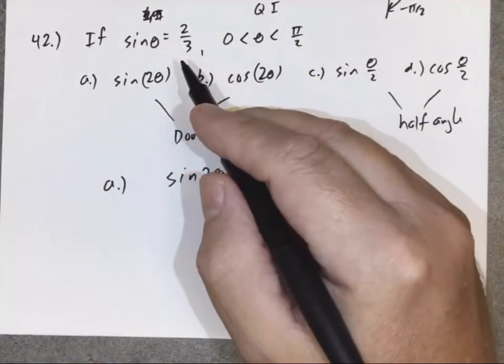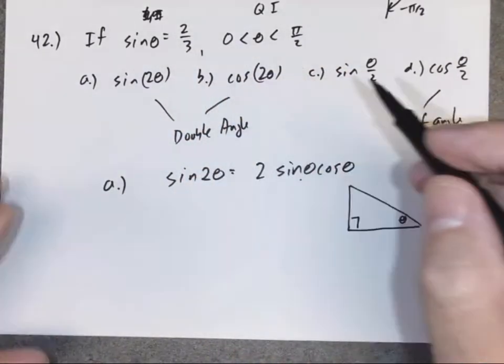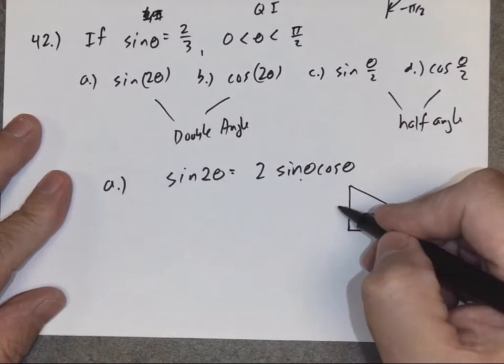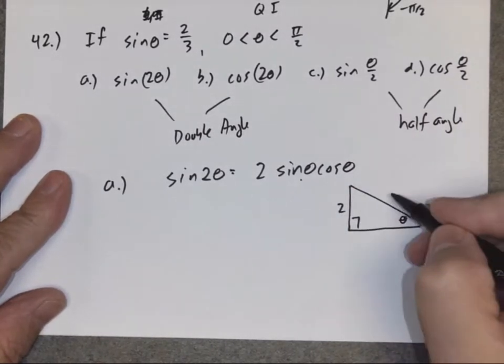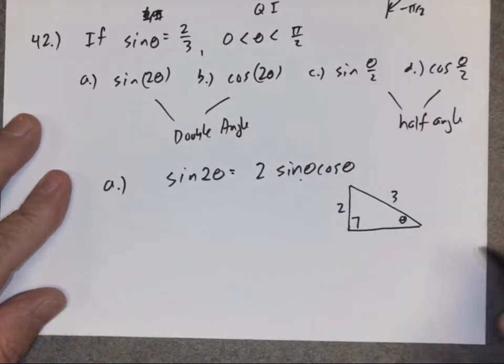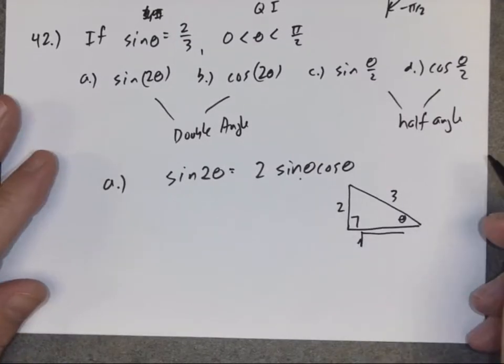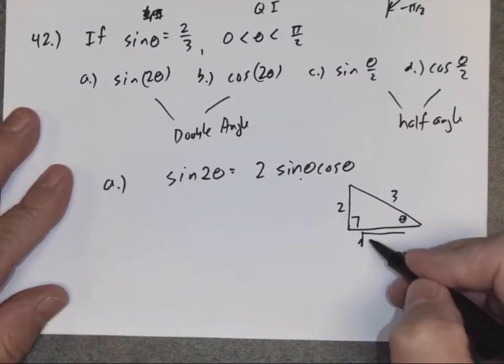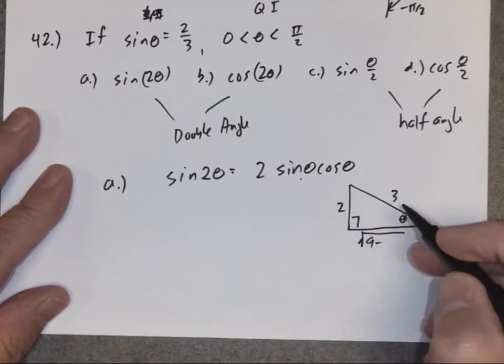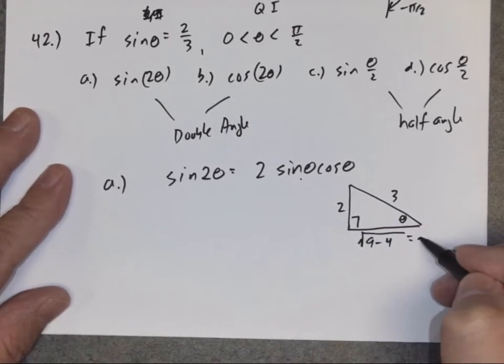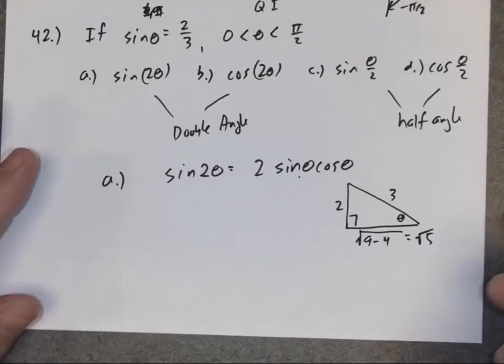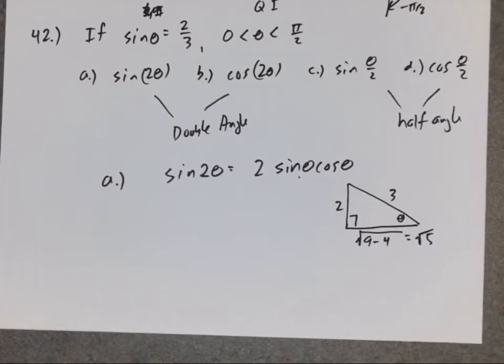Sine is SOH, so opposite over hypotenuse. So opposite must be 2. Hypotenuse must be 3. I can use the Pythagorean formula to figure out my last side here. Hypotenuse squared 9 minus the other side squared 4. Looks like the bottom side is square root of 5.